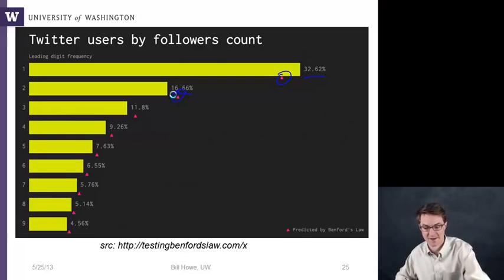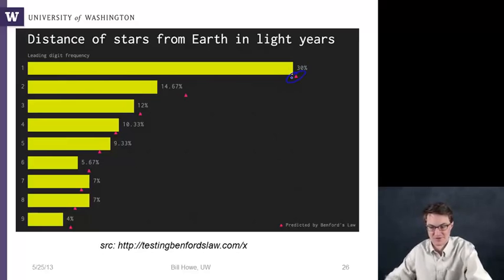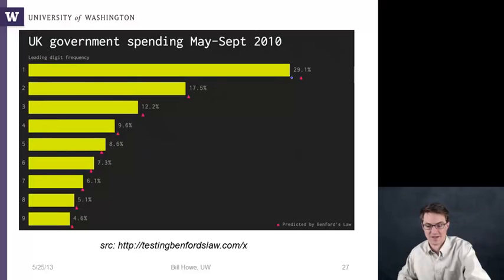So not too bad. The distance of stars from Earth in light years follows a similar pattern. This is remarkably close to Benford's Law prediction. Government spending in the UK between the period of time May through September 2010. Again, remarkable prediction.